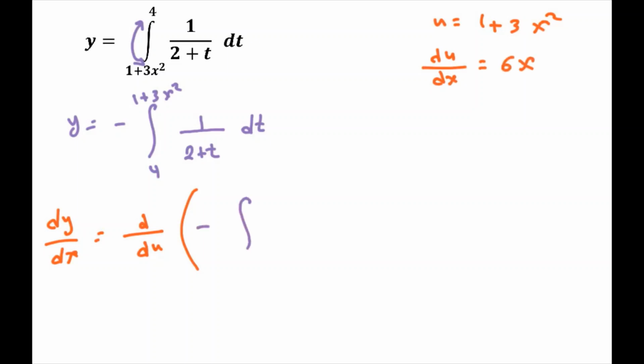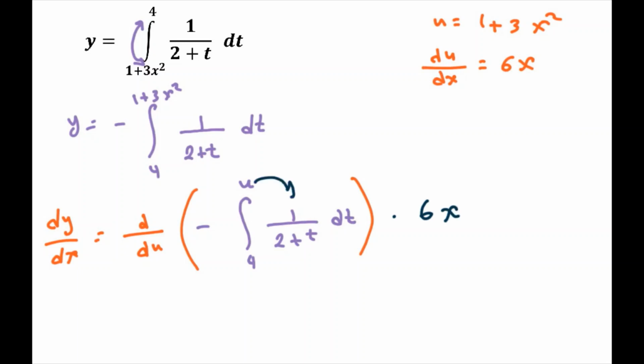So negative d over du of the integral from 4 to u of 1 over 2 plus t dt, all of this multiplied by du over dx, which is 6x.